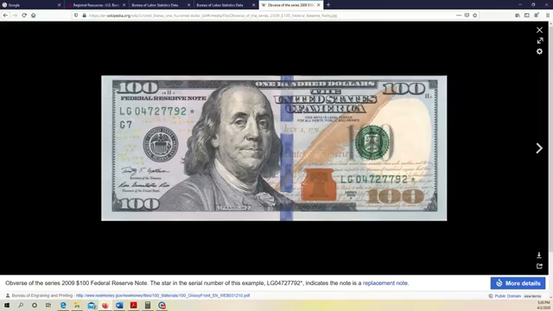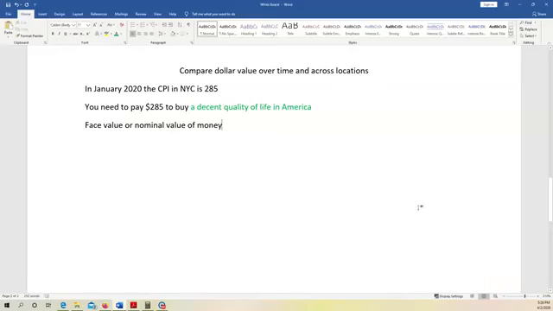It's 100, that's called the face value or nominal value. Here, this money may be printed this year in 2020. So you may have a question like this: is 100 US dollars in the year 2020 the same as 100 US dollars in the year, for example, 1995?